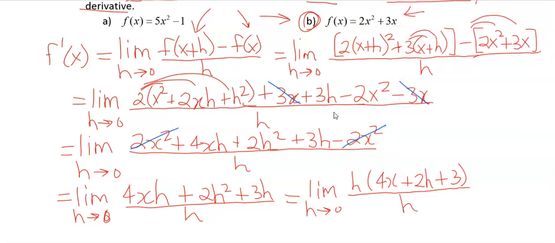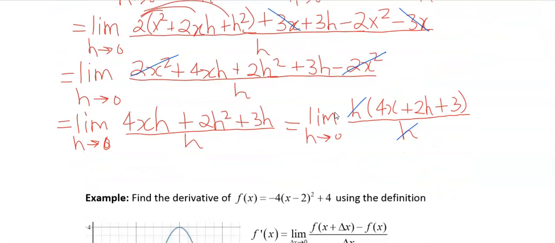And now, here we go. There's the magic step, I like to call it sometimes. All right, they're gone. Oh, I'm running out of room. So now, what would my next step be? Well, I'm left with the limit as h goes to 0 of 4x plus 2h plus 3.